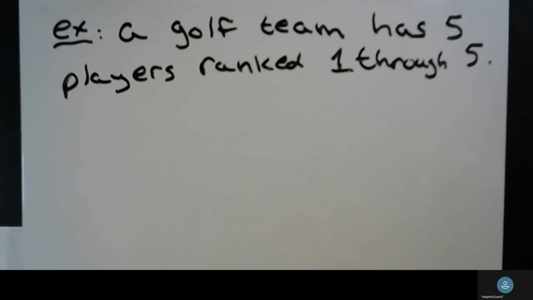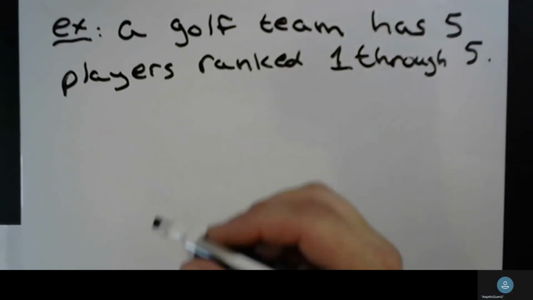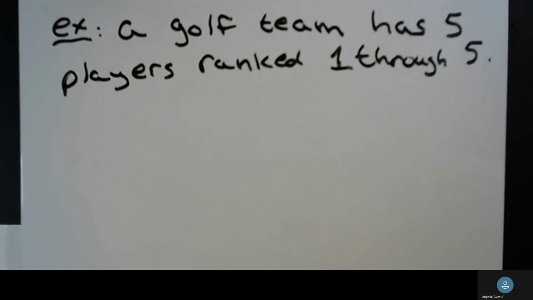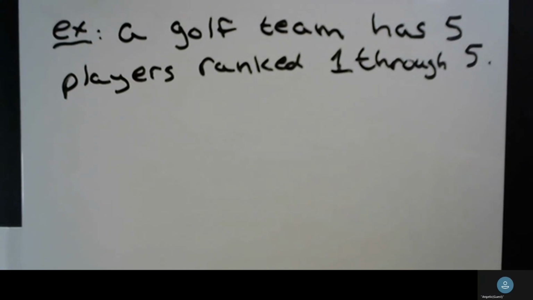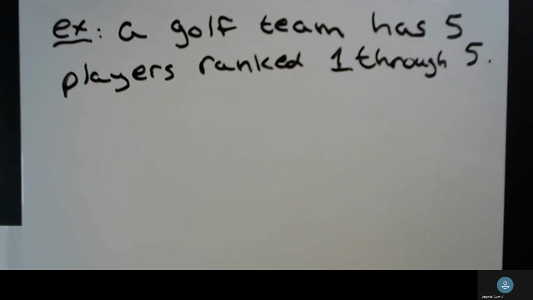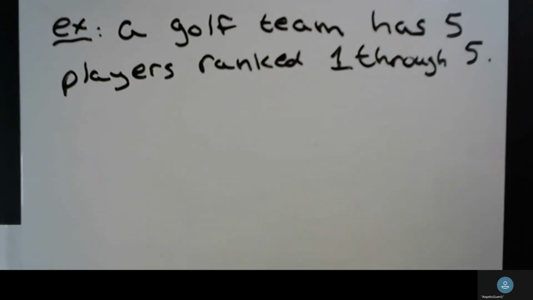Who knows why they're ranking them? It could be they have practice during the week, and whoever performs the best in practice that week will be the number 1 ranked person, something like that.